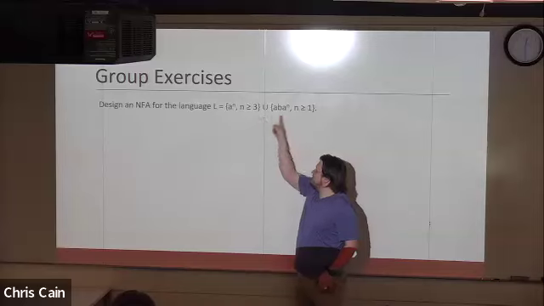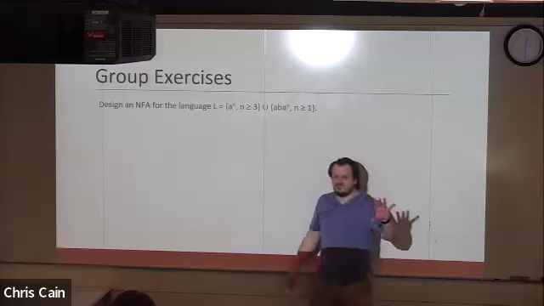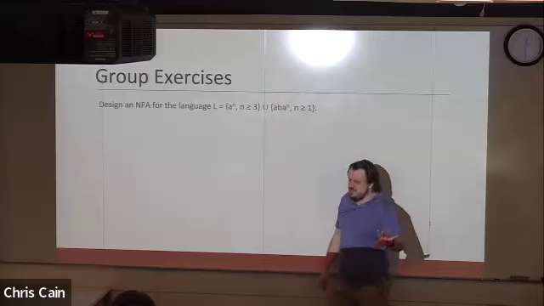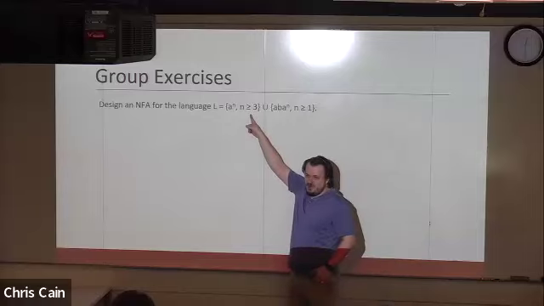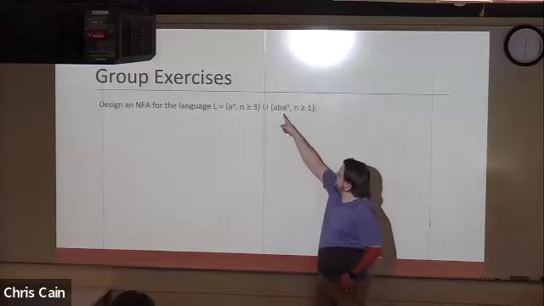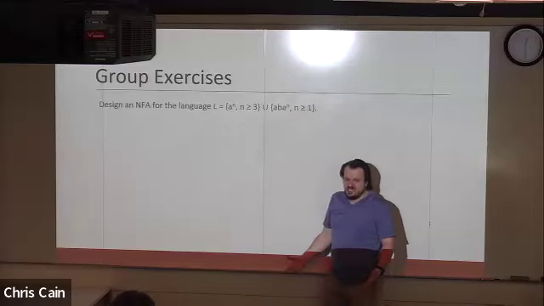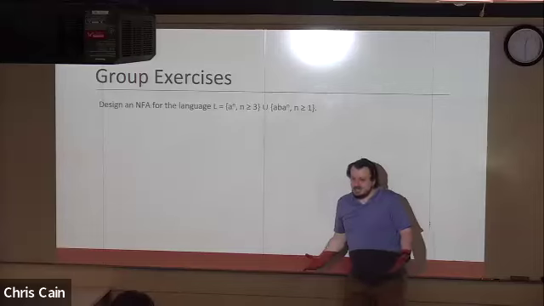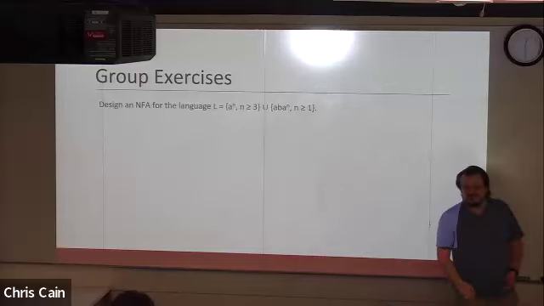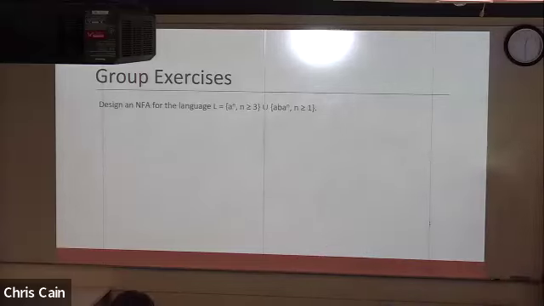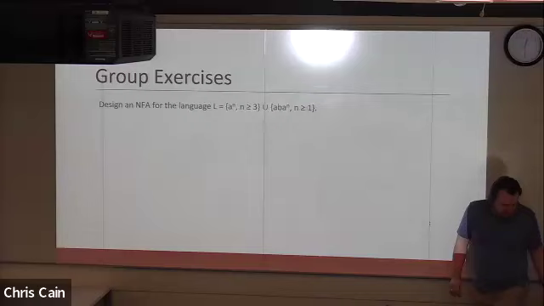This union specifies two different languages. You see just the first A of a string. Should you start looking for more A's or should you be looking for b a^n? Deterministically, you have to choose. Non-deterministically, we can explore both at the same time. So think about that as you construct your NFA. Feel free to talk to people around you as you work through this.